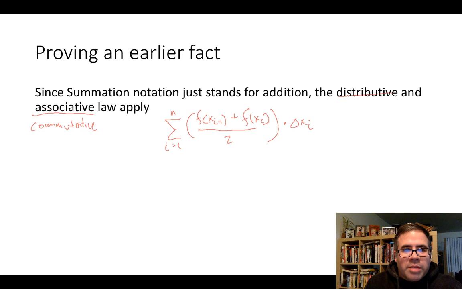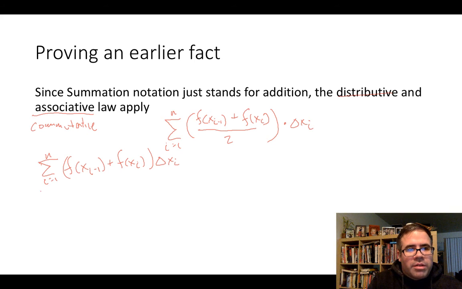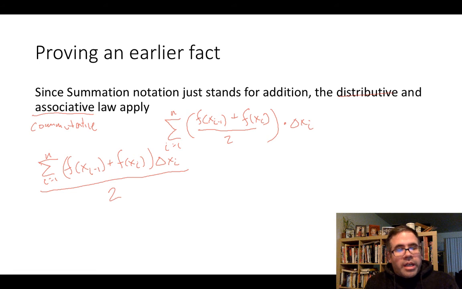And now we get our summation from i equals 1 to n of f of x sub i minus 1 plus f of x sub i, times delta x sub i. So our sum, and then instead of dividing by 2 at each term, we can just do the summation and divide by 2 at the end, which is great. Again, it's just addition.